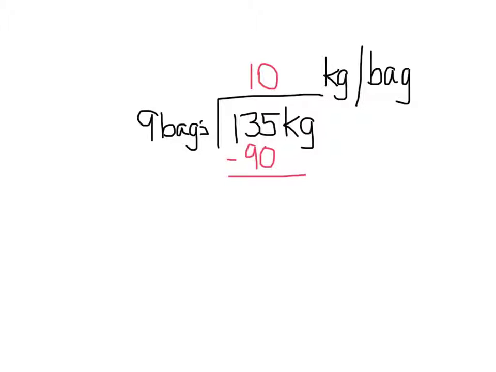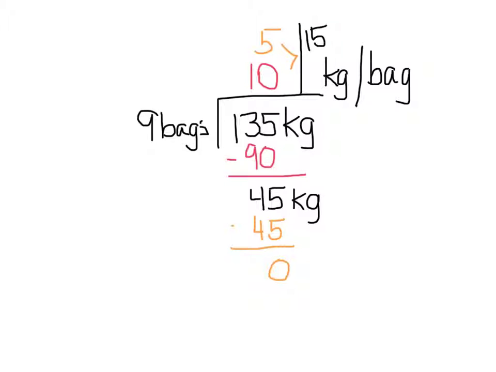From the 135, we have 45 kilograms still to be divided equally. And we know that if we were to put 5 kilograms in each of those bags, we would use all of those kilograms. So, if we put 10 in the first time and 5 kilos in the next time, we have 15 kilograms per bag.